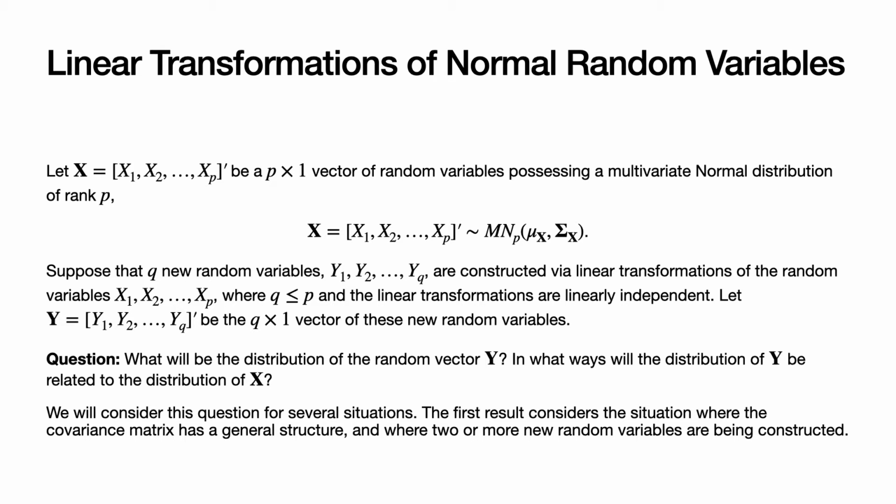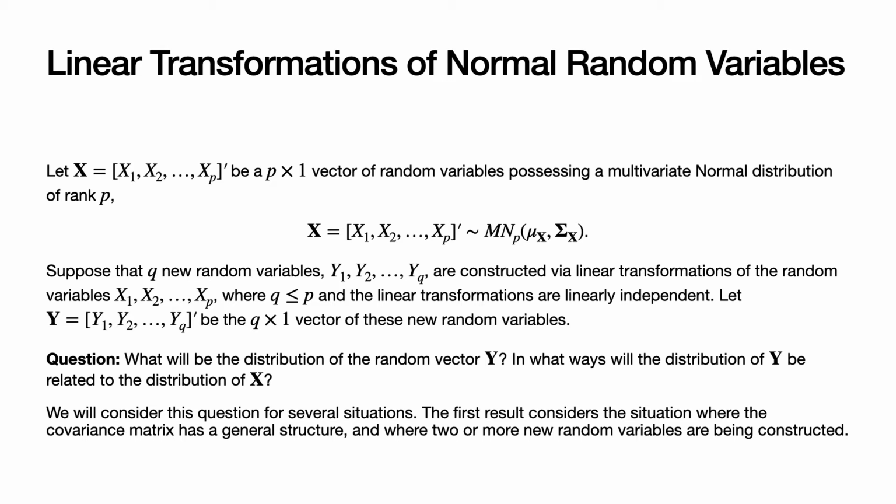Let bold y be the q×1 vector of these new random variables. So the question that we're going to be looking at in this lecture video is, what will be the distribution of the random vector bold y?